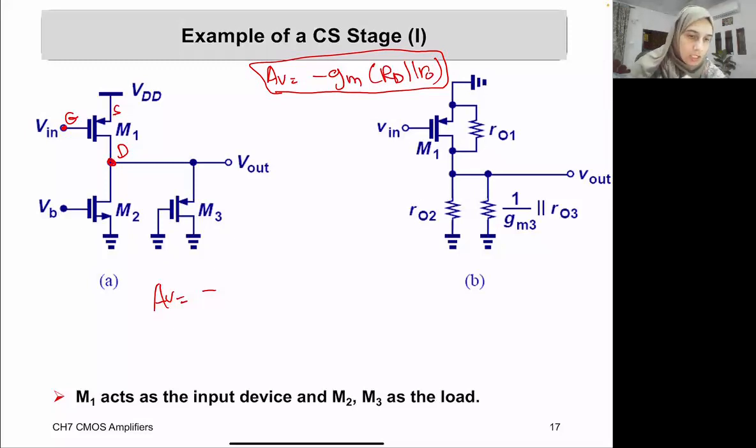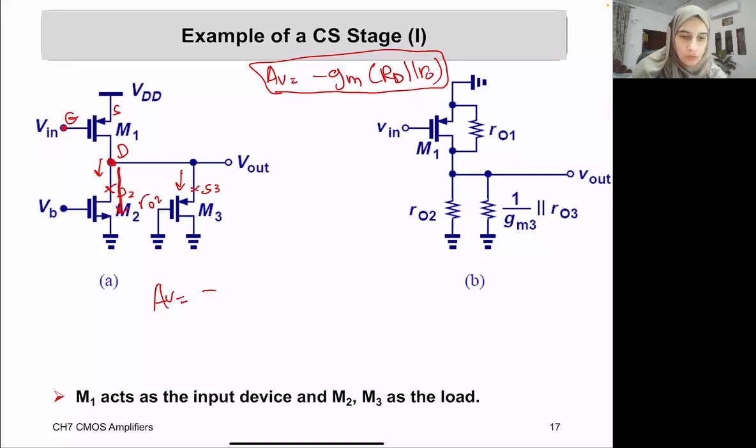If we look at the drain side, we can see from the V out, we have two connections here, one connection to M2 and the other connection to M3. We are connecting to the drain of M2, D2, and here we're connecting to the source of M3, S3. When I connect to the drain of a transistor, I see an R out. So here I will be seeing an R out 2 down.